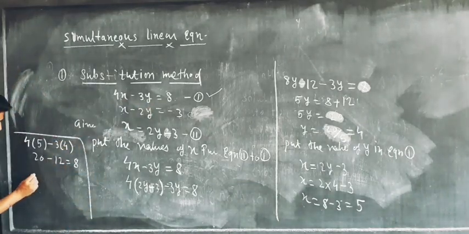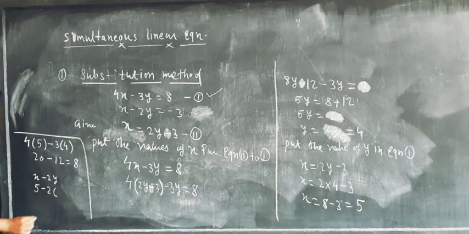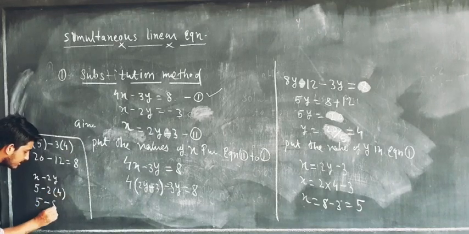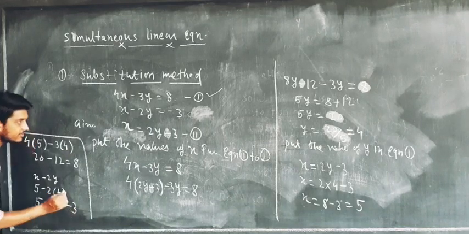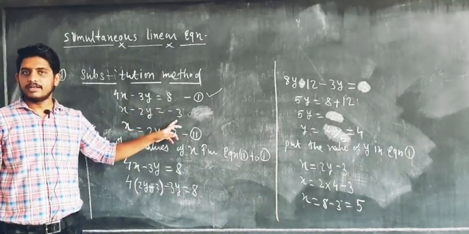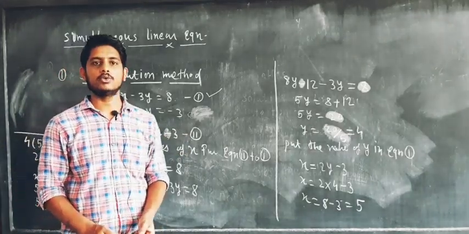Similarly, equation 2 is x minus 2y. The value of x is 5, minus 2 into the value of y, which is 4. So 5 minus 8 becomes minus 3, which is the right side of the second equation. So these are the solution of the pair of linear equations in two variables.